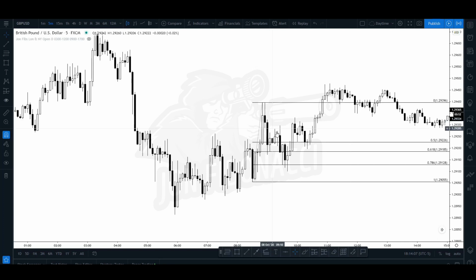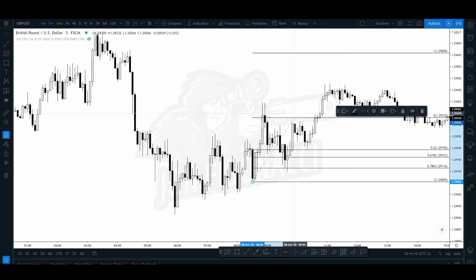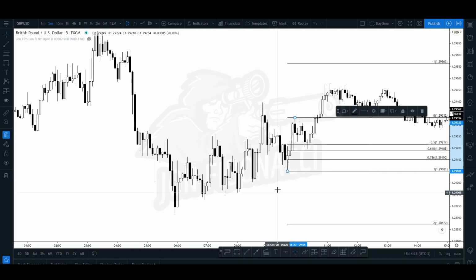Very interesting. There's these bodies here, and then these bodies here, so that high gets broken. So you could draw the fib from that low to this high, and then a 50% right there. Okay, and then the market rallies again.